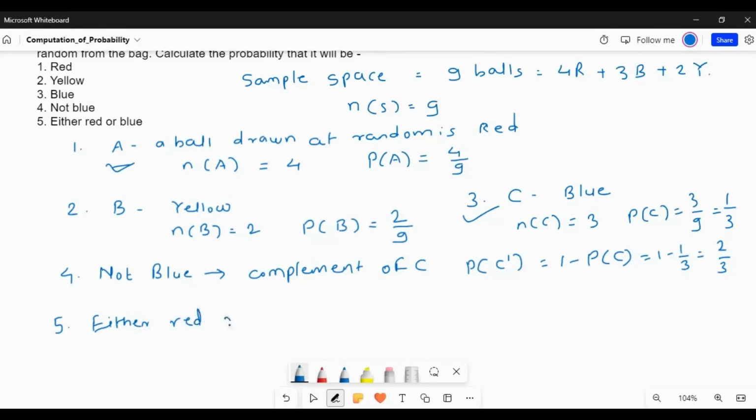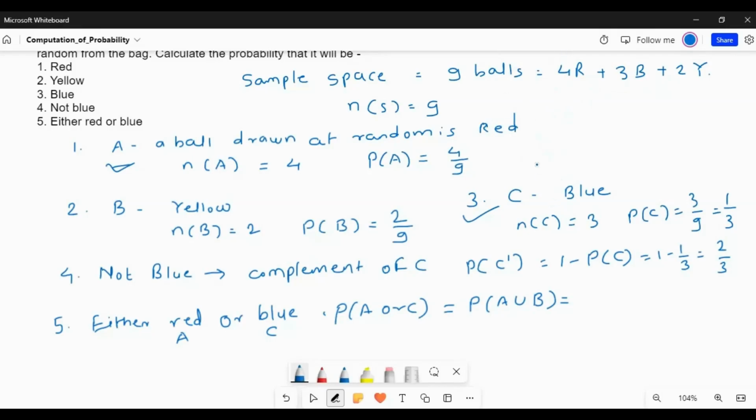Red I have defined by A and blue I have defined by C. So probability of A or C means probability of A union C. Here probability of A intersection C is 0 because there are no elements in common, so these are two disjoint events.